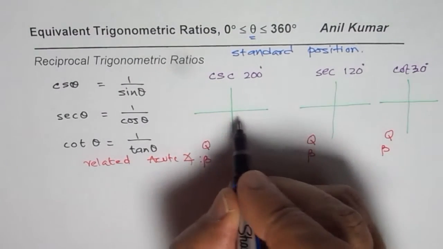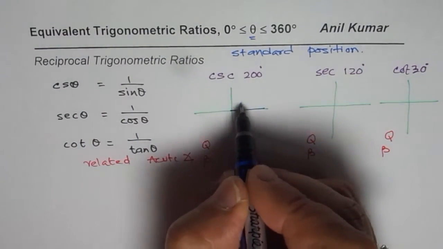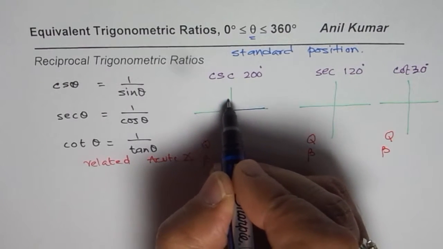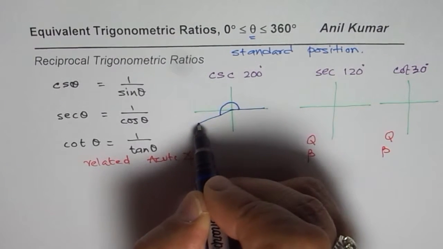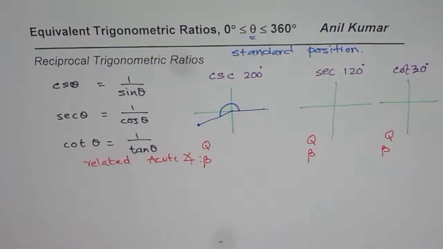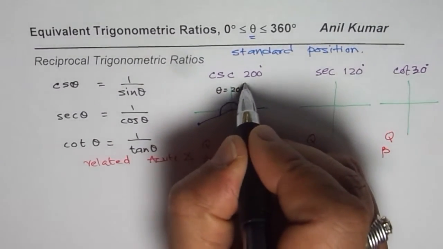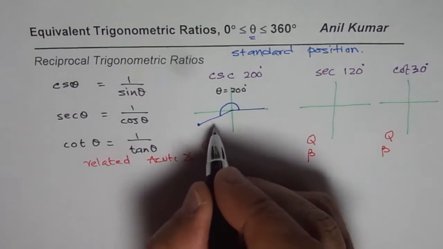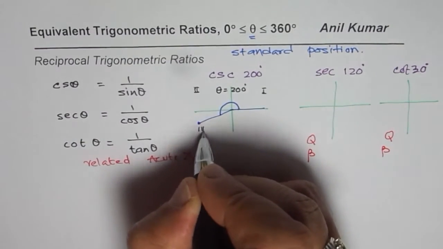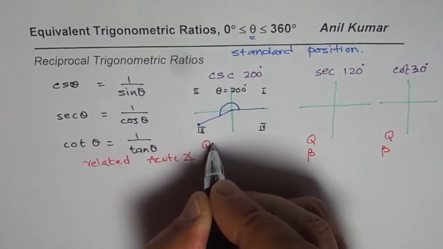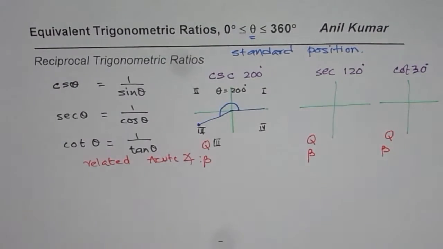Standard position means initial arm is along positive x-axis, and the angle, when it is positive, it is counterclockwise. 200 is more than 180, so it will land somewhere in the quadrant 3. So that is 200 degrees, right? So let me write down this angle for us is theta equals 200 degrees, correct? Clearly, we are in quadrant 3, right? So this is quadrant 1, quadrant 2, quadrant 3, and quadrant 4. So we are in quadrant 3 in this particular case, since the angle is between 180 and 270.